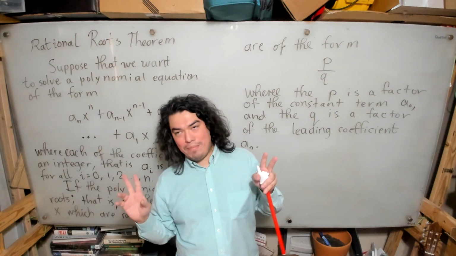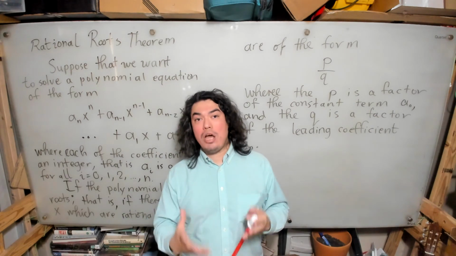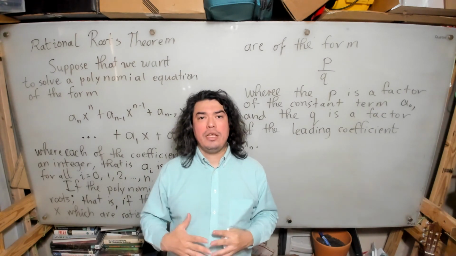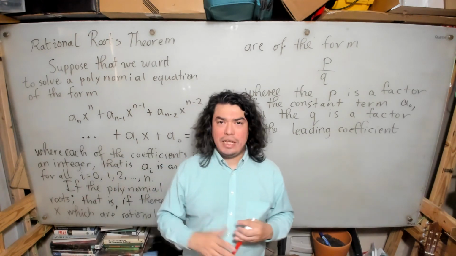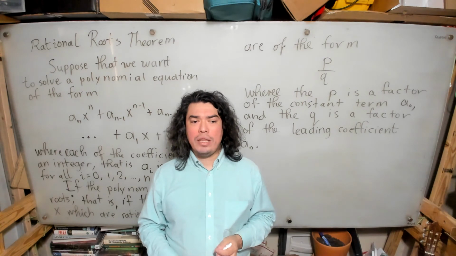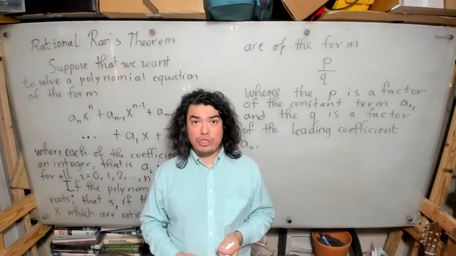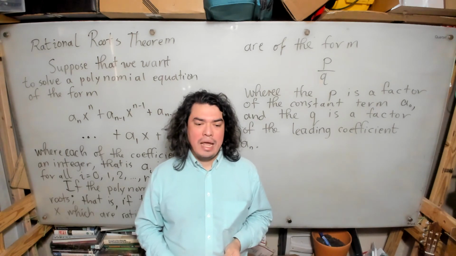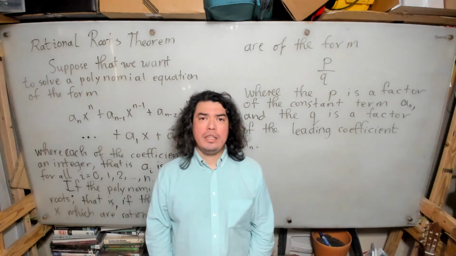And I should say manageable in quotation marks, because it may not be that manageable, but it's much better to have a finite list than to have an infinite list. And so that's the advantage of the rational roots theorem. And of course, when the polynomial does have rational roots, we'll be able to find them from among this list.